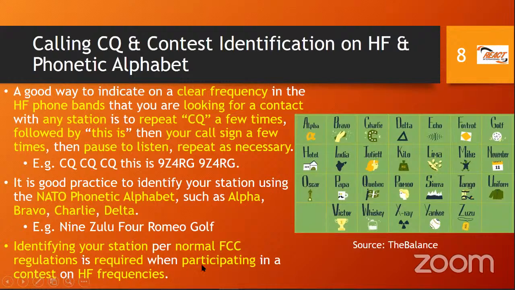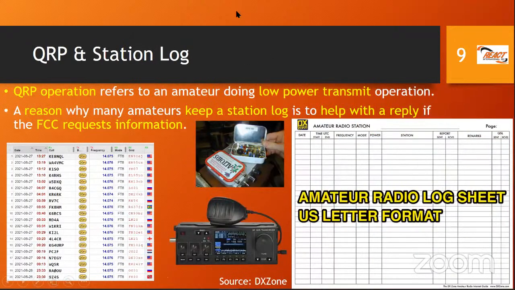So note for the exam that in a contest, you're required to identify your station as per usual or the normal FCC regulations, not another regulation. Yeah, so we know we use Radio Germany for RG and so on, right? Okay, cool. We're learning the correct thing.